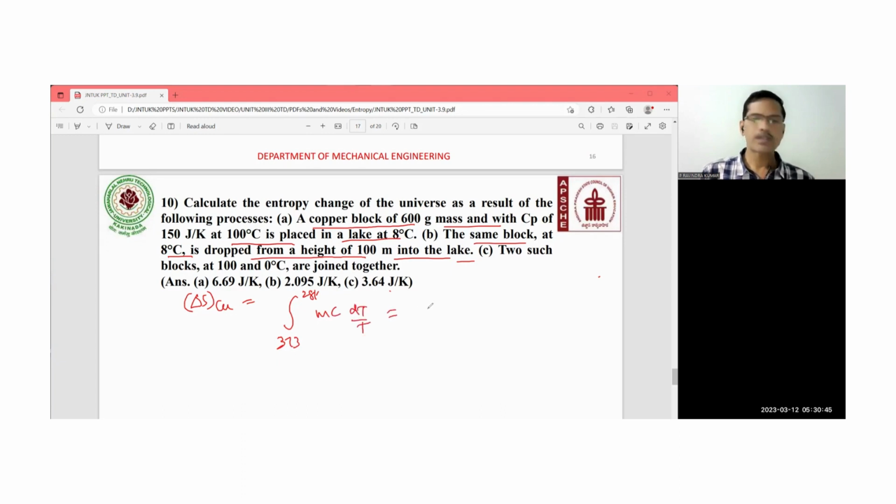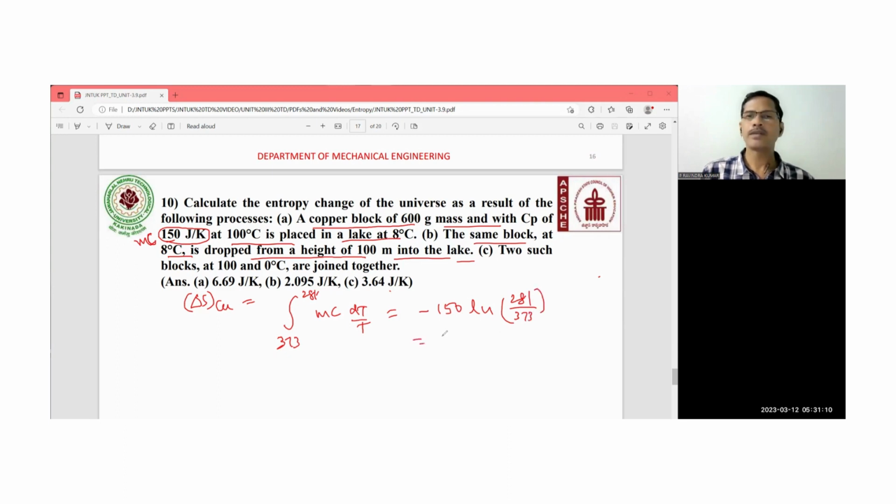After solving this one, for the copper block, because the heat is leaving here, the joule heat capacity is already given. So this is nothing but mc, heat capacity, 150 ln of 281 divided by 373.